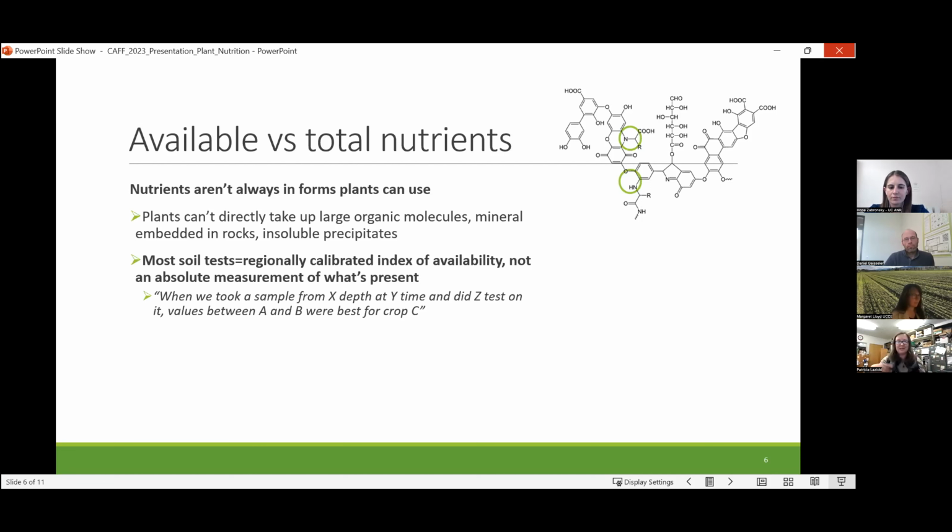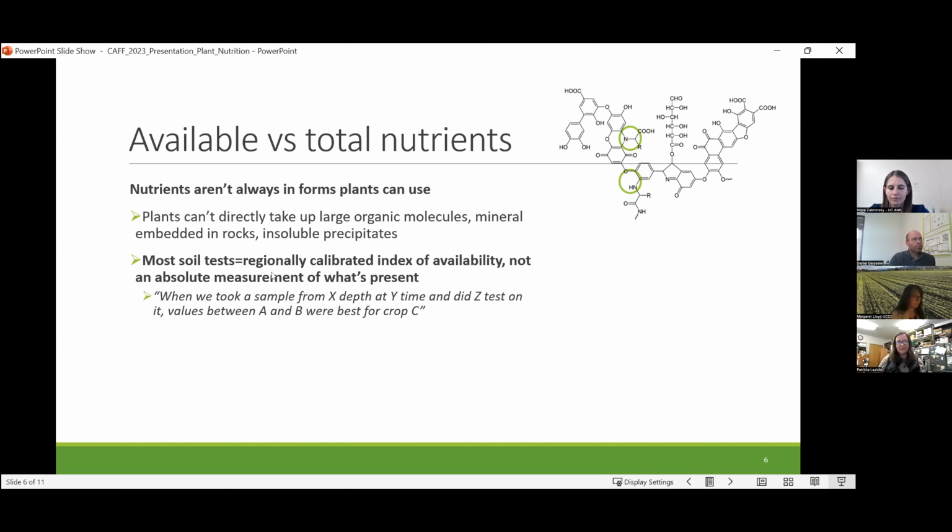But all of these nutrients are changing between forms all the time, between plant-available and non-plant-available forms, and at different rates. So what this means is that most soil tests, especially for phosphorus and potassium, are more like a regionally calibrated index of availability rather than saying you have 2 tons per acre of available phosphorus in your soil.